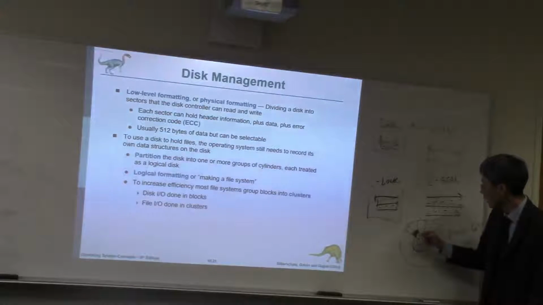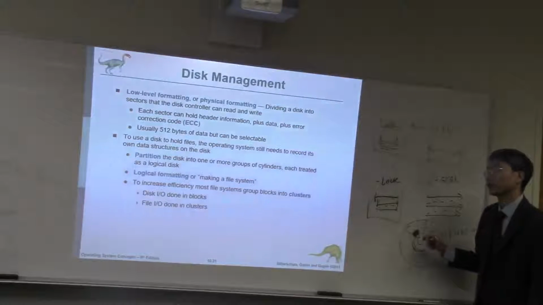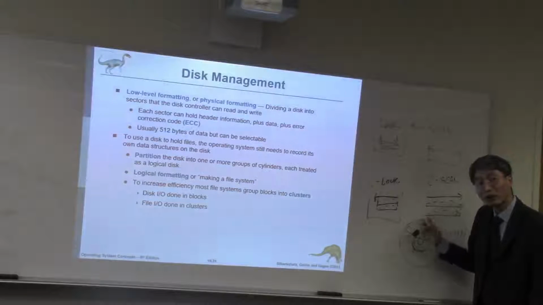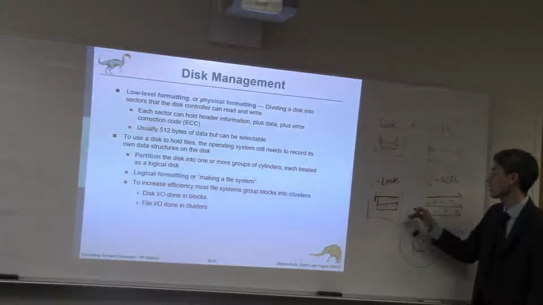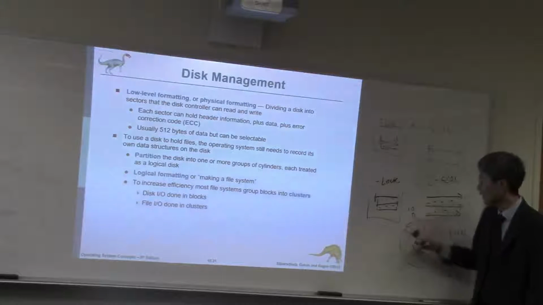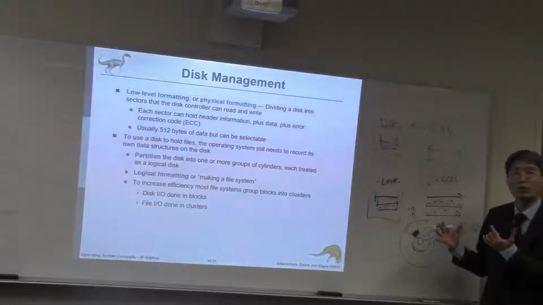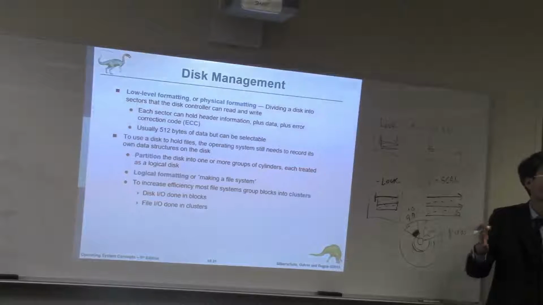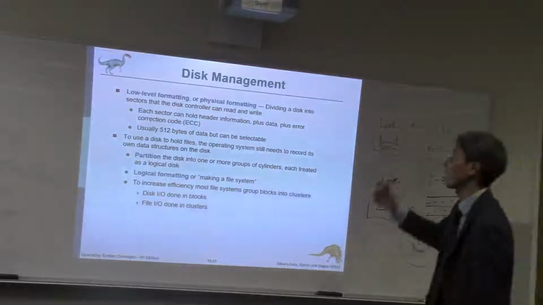Checksum means the total. For example, the sum of all the data in terms of binary in this sector is 10. But we don't know 1 bit of data. If you sum up all the other bits, it's 9. So this is 1. Something like the checksum or the parity check, that is error correction code.